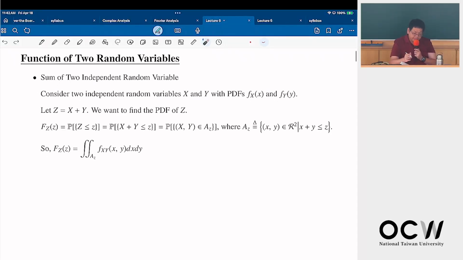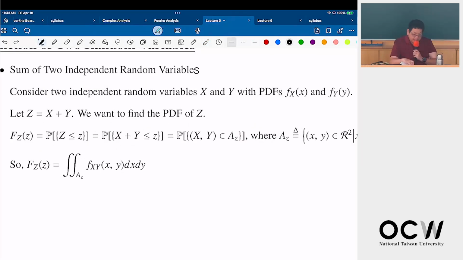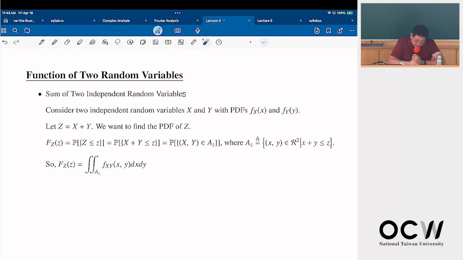So for a function of two random variables, first, let's see the sum of two independent random variables. So first, consider two independent random variables, x and y, and they have the PDFs, fx and fy.